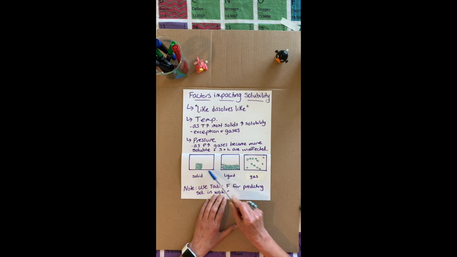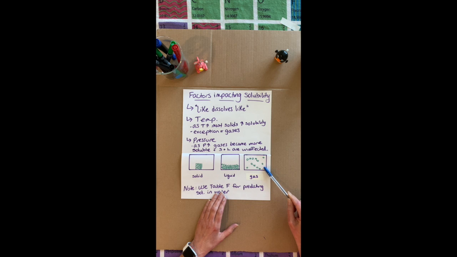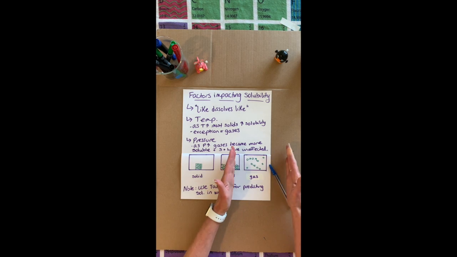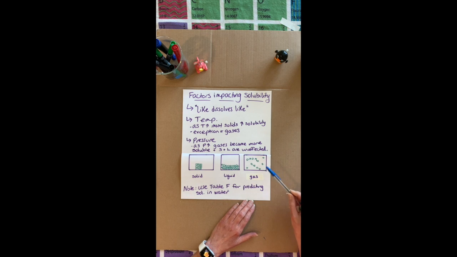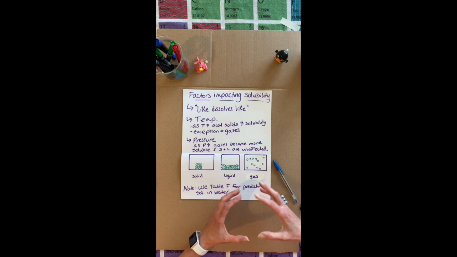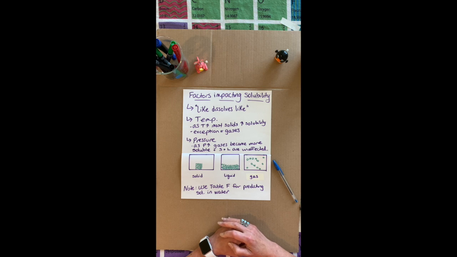You can't push these particles closer together, and therefore it's not going to make them more soluble under higher pressure conditions. But if we have a high pressure condition here for a gas, we are pushing the particles closer together, and that will allow that gas to become dissolved in a substance more readily.